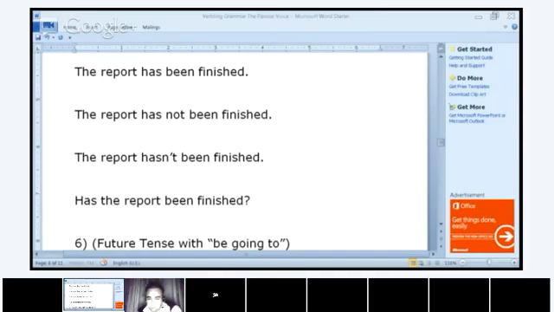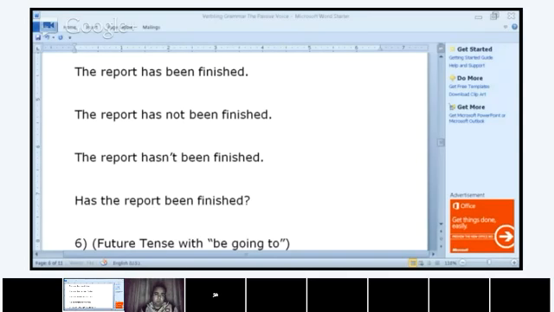Okay, great. As you've just said, if you are focusing on the subject, which is the sales representative, we must use the active voice or active form. If we are focusing on the object, we must use the passive form. Right. And in this situation, if you're angry with the sales representative, you want to make sure to mention that they have not finished the report.